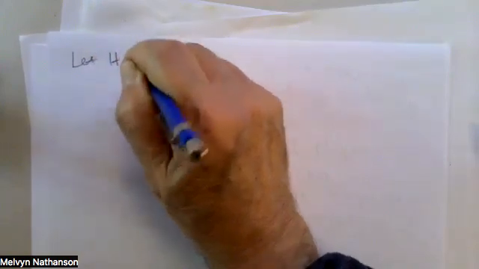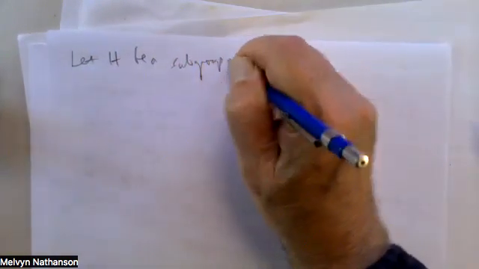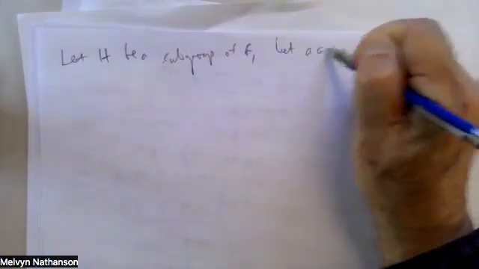So let H be a subgroup of G, and let A be an element of G and B be an element of G. So I take a subgroup of the group G and I take two different elements.